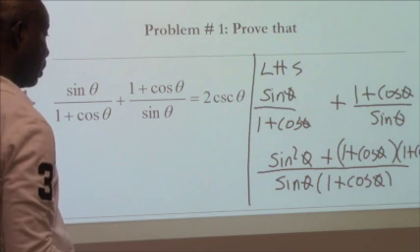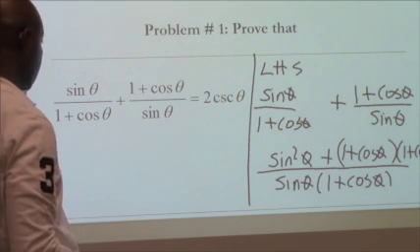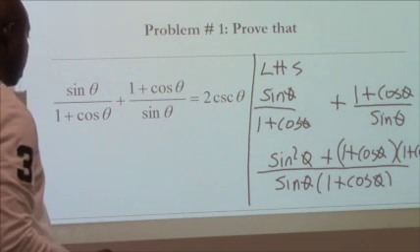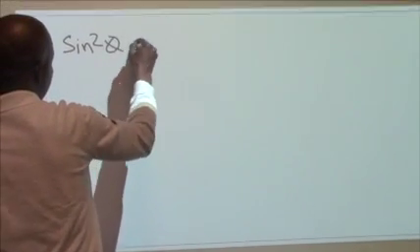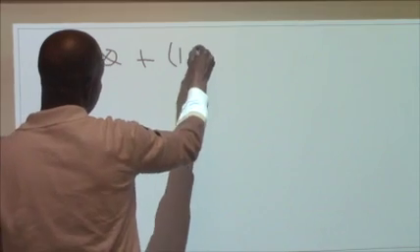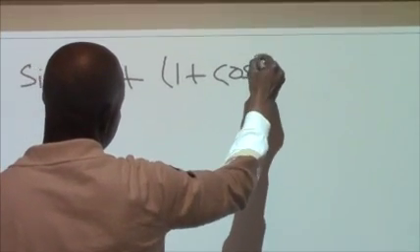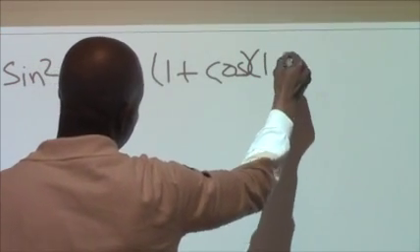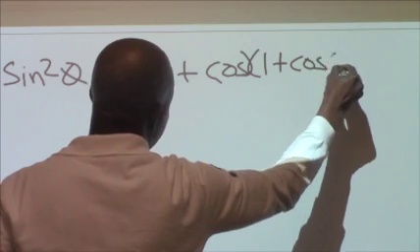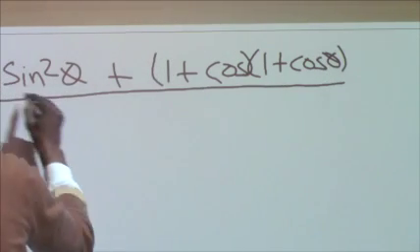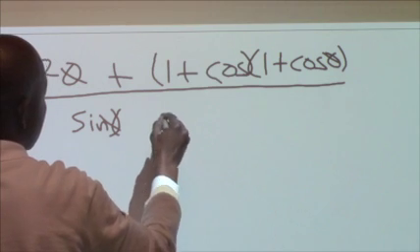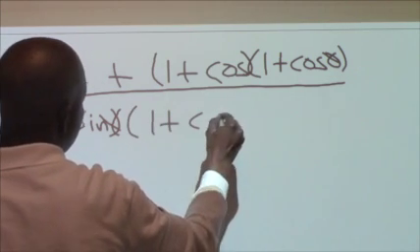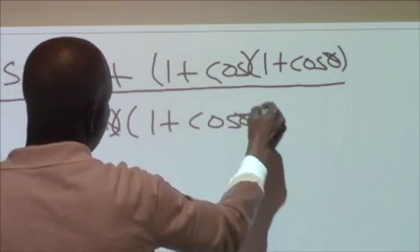So what I'm going to have is sine squared theta plus (1 plus cosine theta) times (1 plus cosine theta) over sine theta (1 plus cosine of theta).